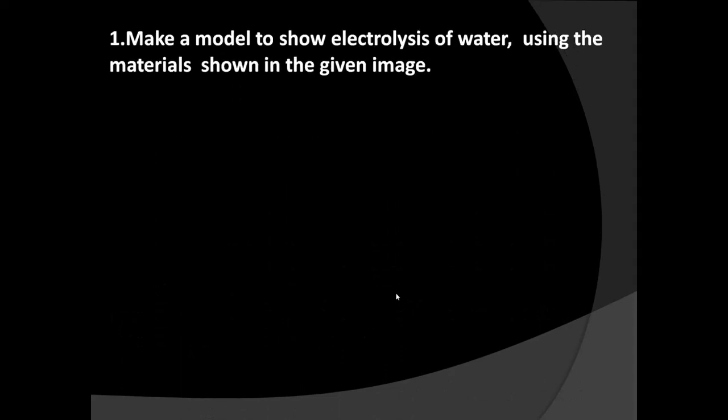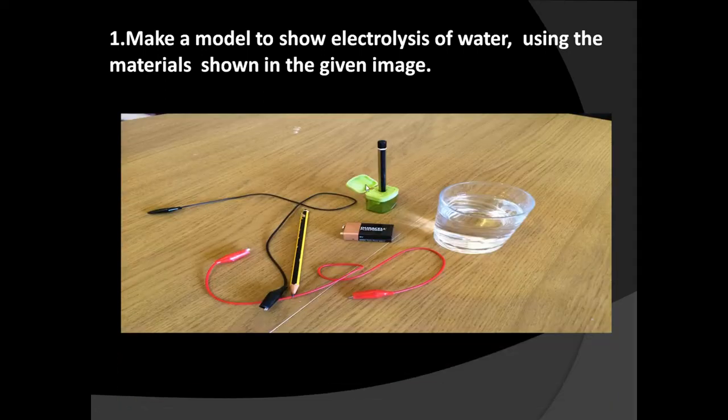And one more interesting question. Let me see how nicely you will present your model. So make a model to show electrolysis of water using the material shown in the given image. I think you can easily get these materials at home. You have a pencil, battery and transparent glass.